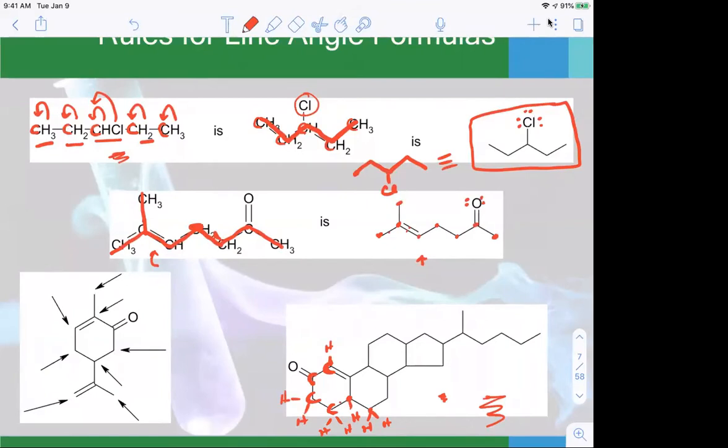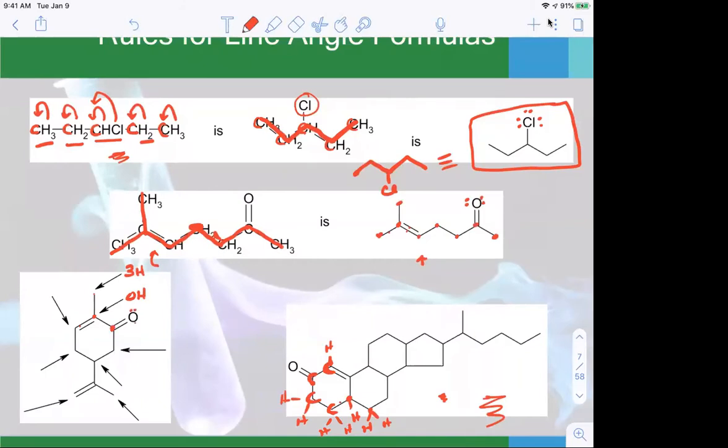You have to be really good at Lewis structures because you have to know where I have carbon atoms, where I have hydrogen atoms pretty well so I can take them out and use this line angle formula. So there's 3 hydrogens on that carbon. There's 0 hydrogens on this carbon because I have carbon-carbon double bond. That's my 4 bonds. No hydrogens here.